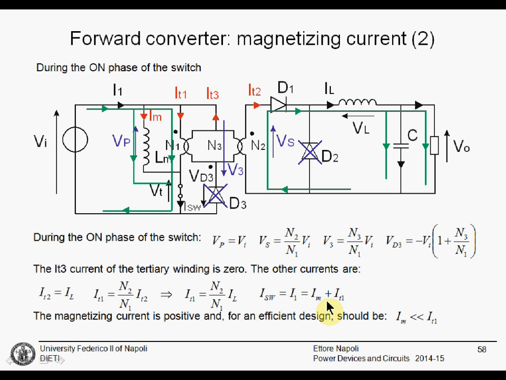This means that the switch needs to sustain a current that is slightly larger than the load current, or the strict current that is required for the load, because we have a magnetizing current. And this again tells us that it would be better to have a very large magnetizing inductance, because this means small magnetizing current and less overload of the transistor.